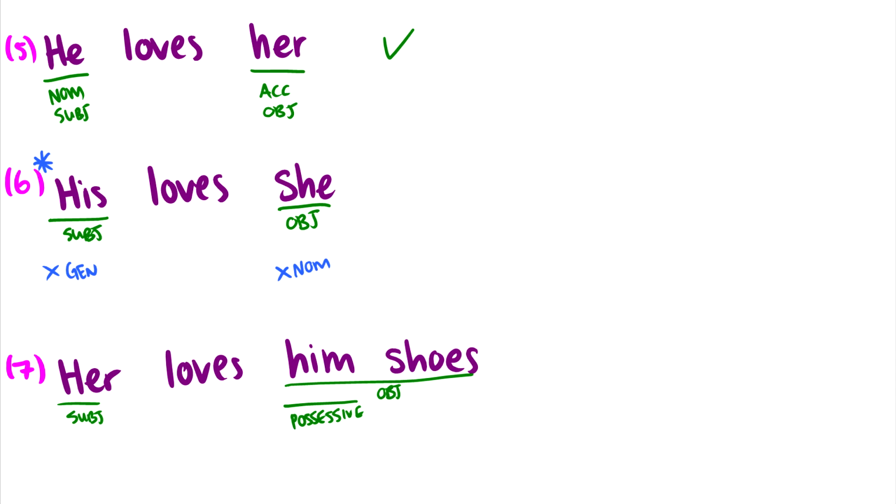But instead of a genitive, we have him, which is an accusative. And we don't want that there, so that's not good. If it was just her loves him, it'd be fine, because the whole object would be accusative. But in this case, the possessive here is accusative when it should be genitive, so that's bad. And her loves him, well, the subject has to be nominative, but instead we're given the accusative. So that is bad. So this is also an ungrammatical sentence.